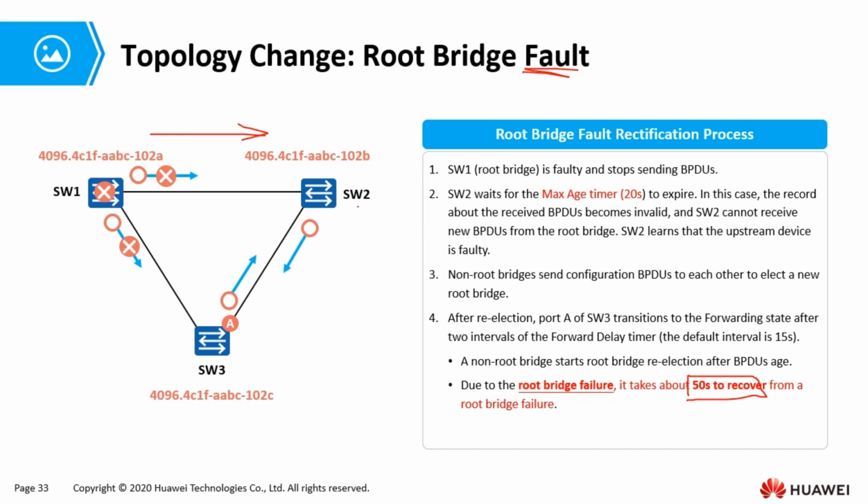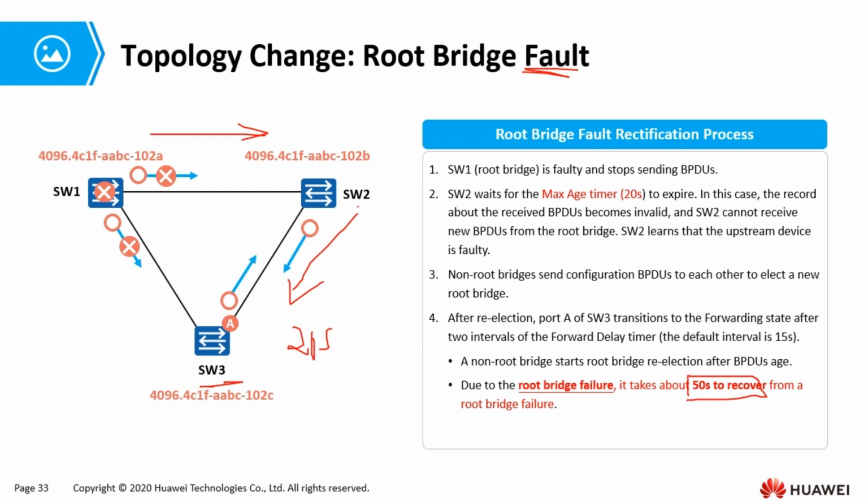They base it on the maximum age time. For example, switch 3 will not receive the BPDU from the upstream switch 2, because switch 2 did not receive from switch 1, the root bridge. So what happens? It will keep waiting until the 20-second maximum age time.